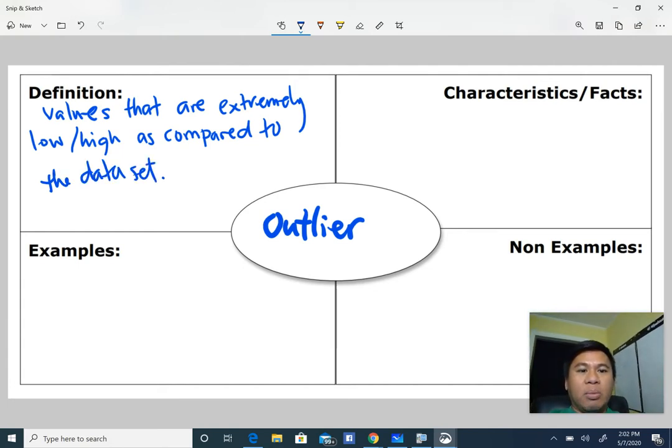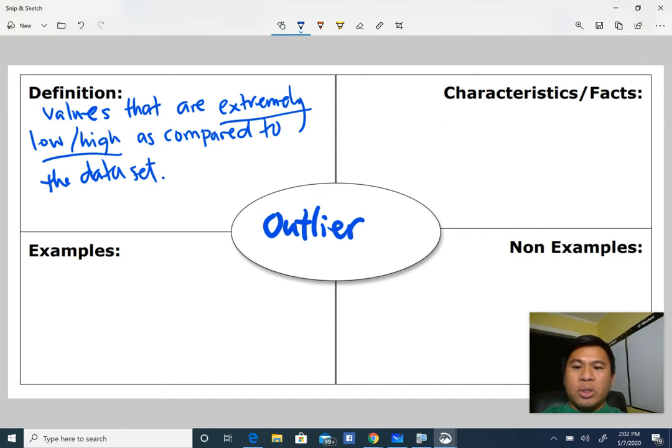Now, when we say extremely high or low, we actually try to set certain parameters that would make it such values. So in terms of characteristics and facts, we can put it in terms of our formula. We can say that's Q1 minus 1.5 times IQR.